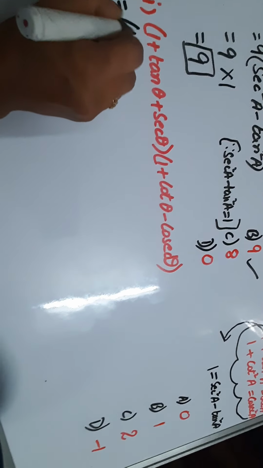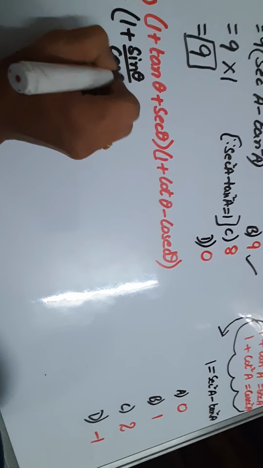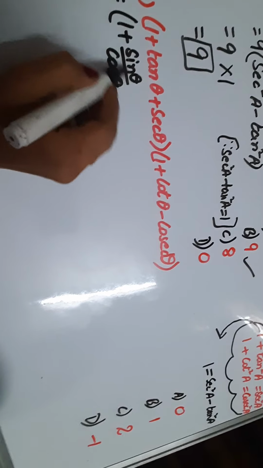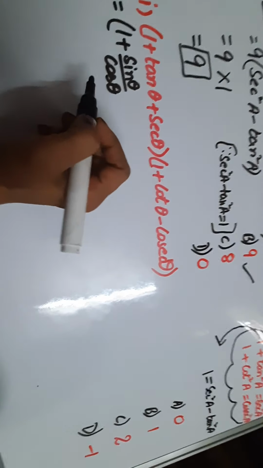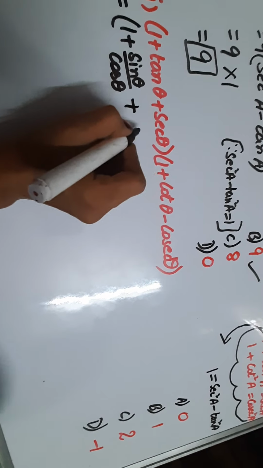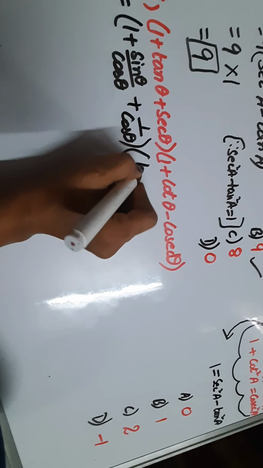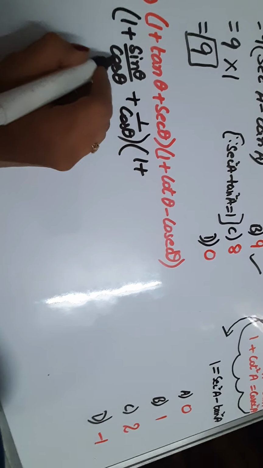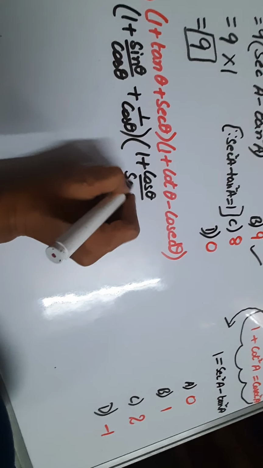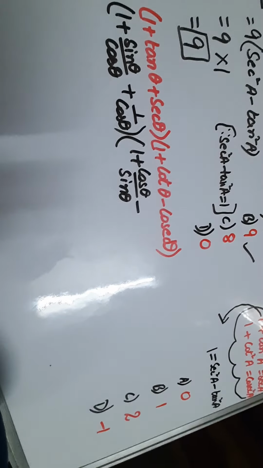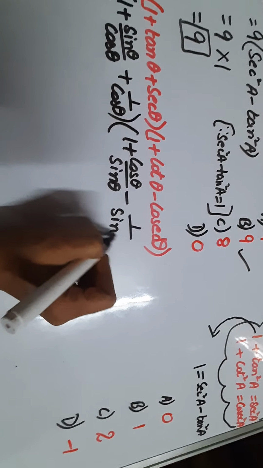Like I can replace tan theta by sine theta upon cos theta, and secant theta can be written as 1 by cos theta. Similarly, cot is the reciprocal of tan, which means it can be replaced by cos theta upon sin theta, and minus cosecant theta can be written as 1 by sin theta.